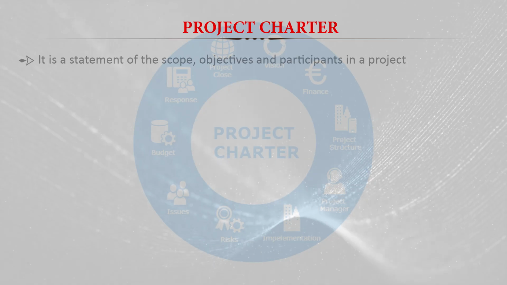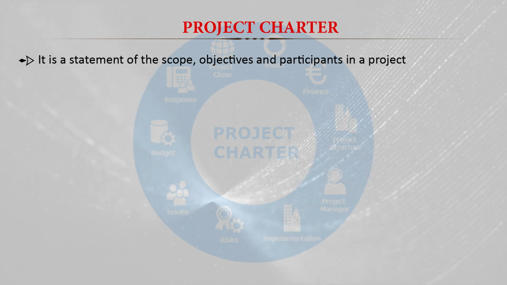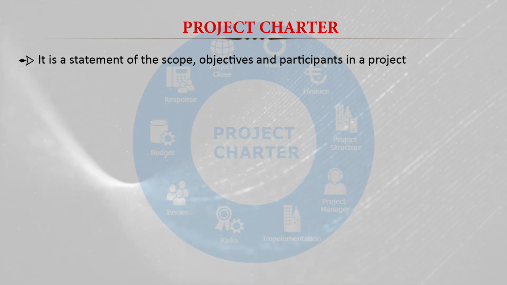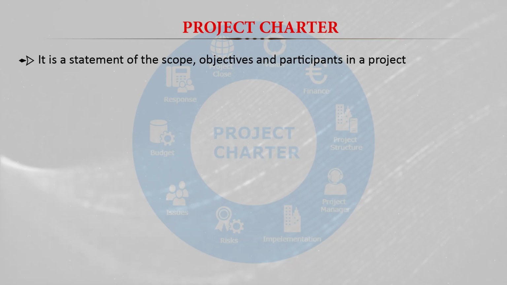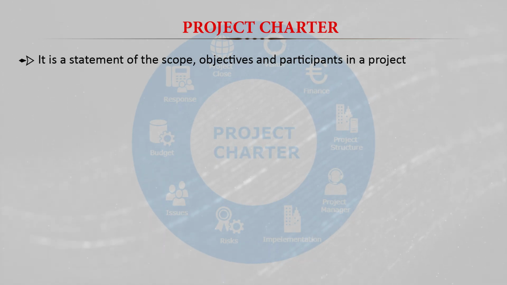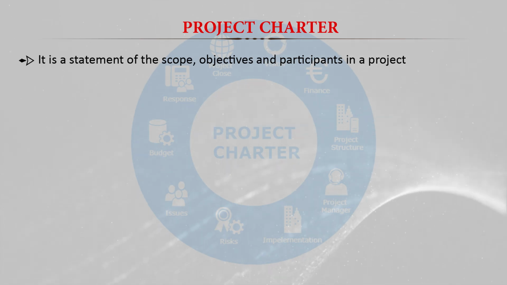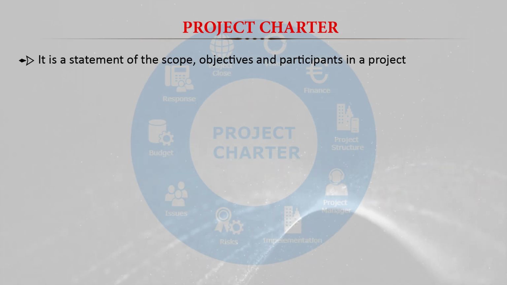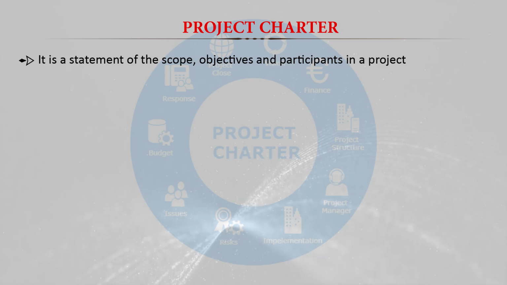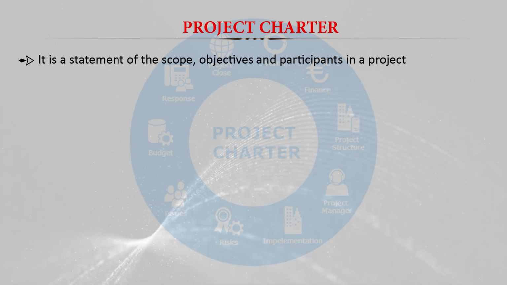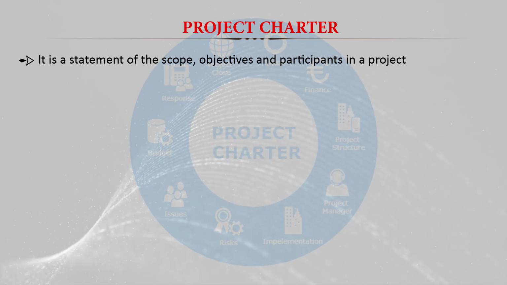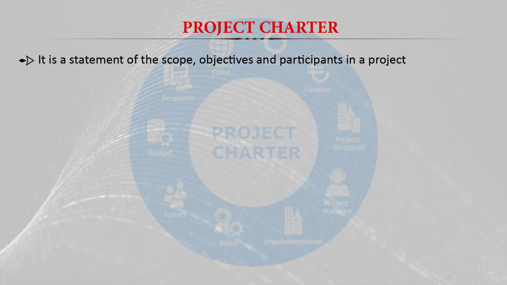So the first task of this terms of reference is to prepare the project charter, and a project charter is basically a statement of the scope, objectives and participants in a project. So it gives complete details in brief about the scope of the project, the objectives which we want to achieve, and the participants, the project teams, the beneficiaries, so all types of clienteles are decided in the project charter.